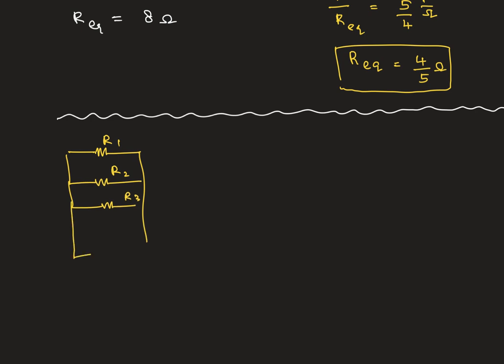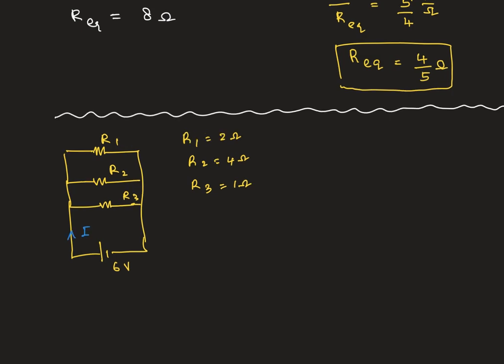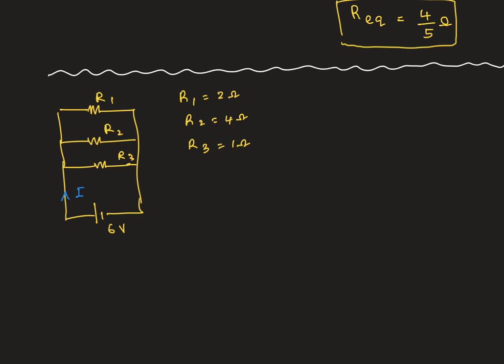And let's say that we have a power source with 6 volt voltage. And then we will take R1 equals 2 ohms, R2 equals 4 ohms, and R3 equals 1 ohm. Now the question asks us, I'm making these things up, but that's okay, to find the current in the main circuit.